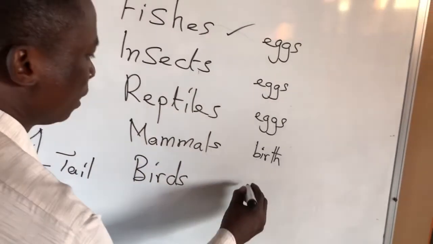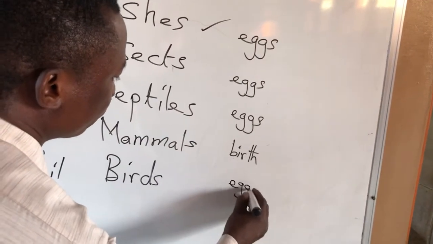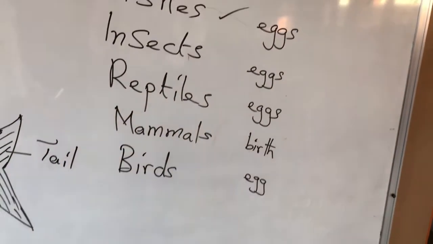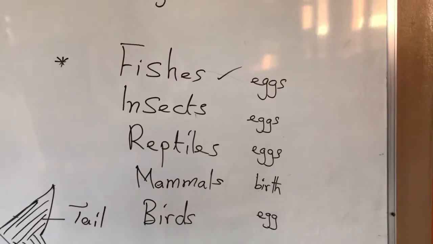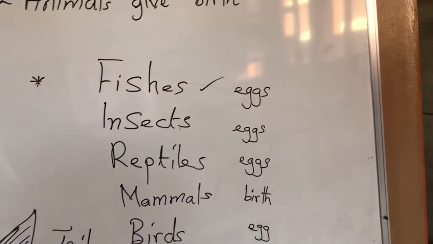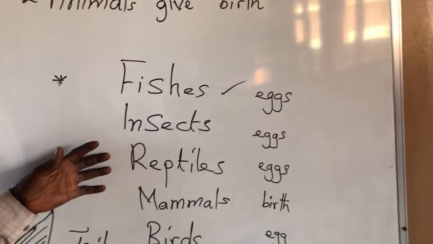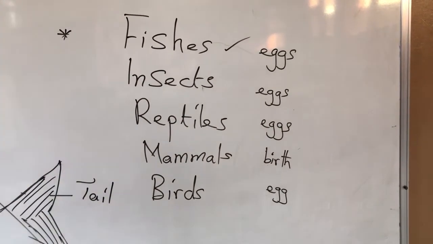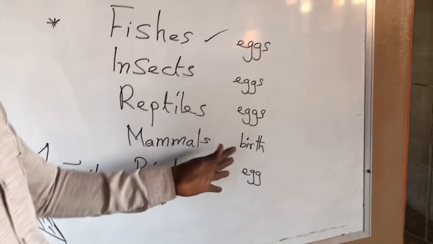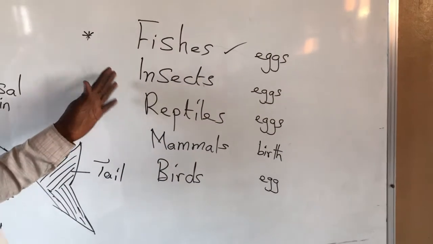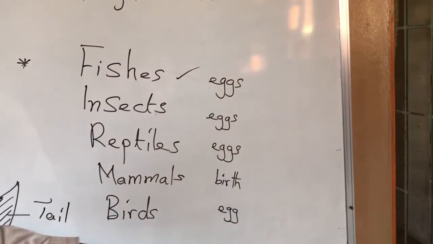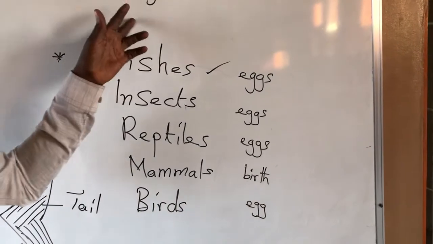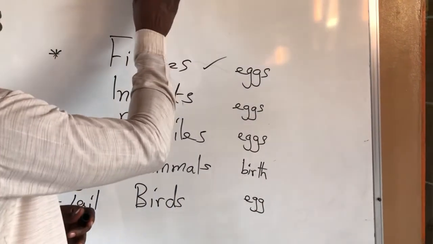Birds, they lay eggs. So these are the groups of animals and how they produce their young ones. I'll be cleaning up this, and I'll be asking you more questions about this.